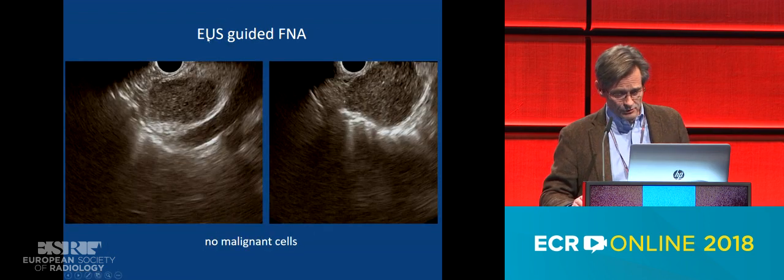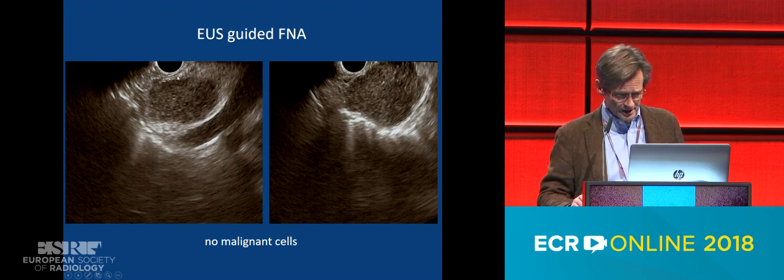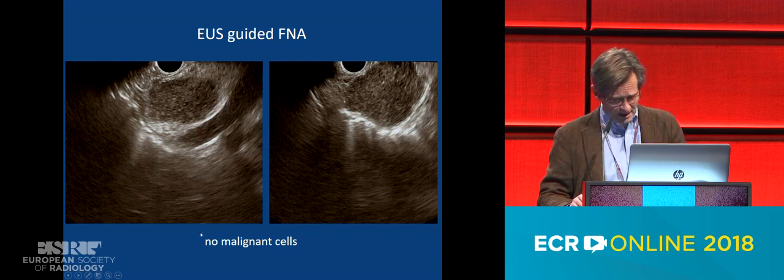So the patient had the US guided FNA, and this is the appearance on US. You have a well-delineated lesion. It's located in the head of the pancreas. It's basically hypoechoic, and no malignant cells were displayed.